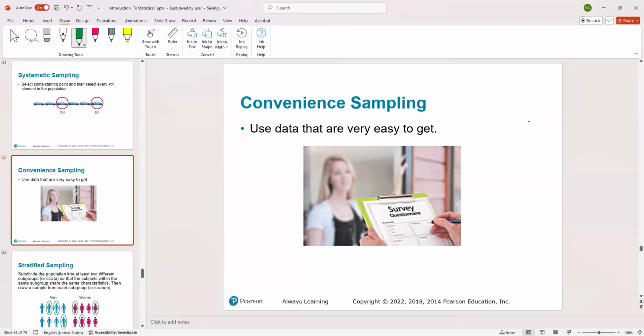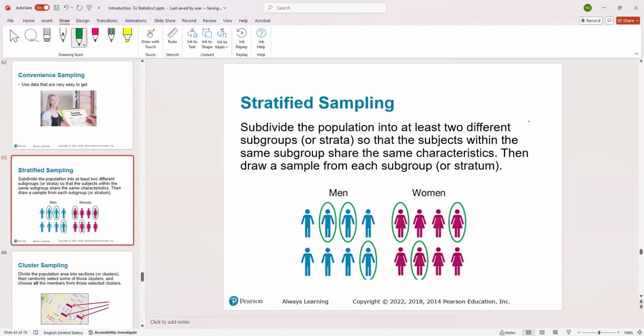Stratified sampling: we subdivide the population into at least two different subgroups, or strata, so that subjects within the same subgroup share the same characteristic, such as gender. Then we draw a sample from each subgroup. That would be the stratified sample.